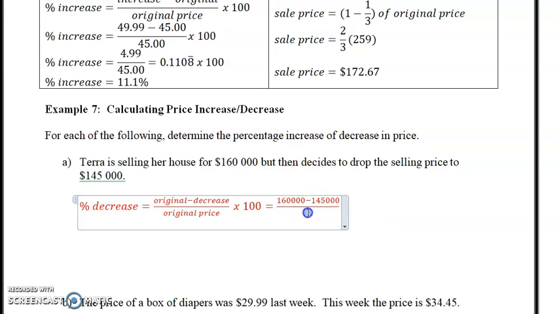We divide that whole thing by the original price, and then multiply by 100. So that's going to equal 15,000 divided by 160,000, multiplied by 100. You do that on your calculator, and you get 0.09375. Multiply that by 100, and you get 9.375%.